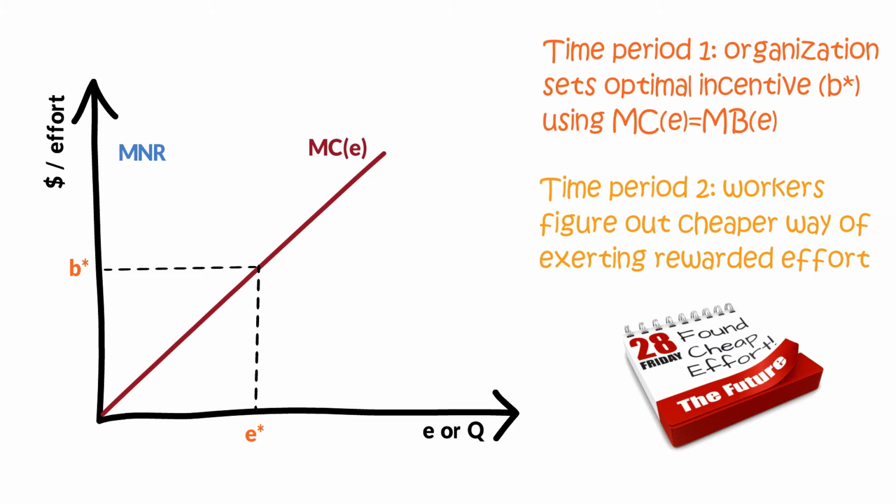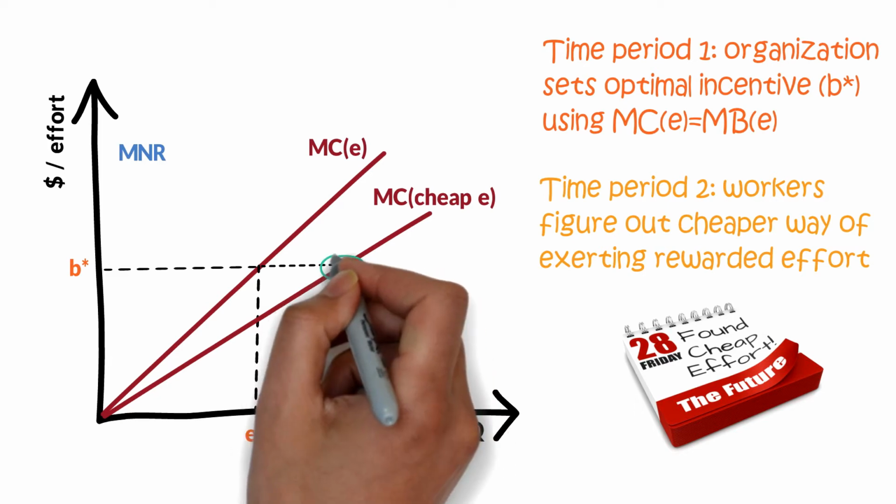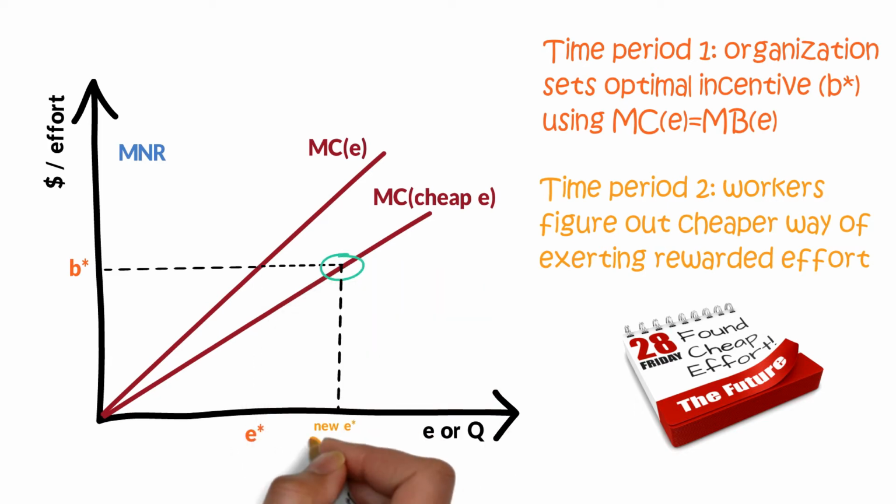Graphically, the cheaper way to exert effort shifts the marginal cost curve. Remember that the worker optimizes where their marginal cost equals their marginal benefit, and the worker's marginal benefit is B star, the incentive. So we can see the new intersection of marginal cost and marginal benefit and the new higher optimal effort level. Well, optimal for the worker at least.